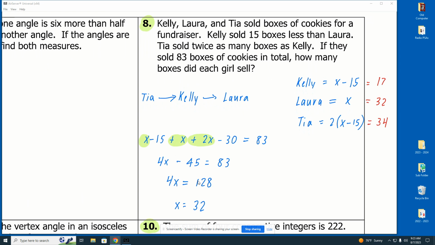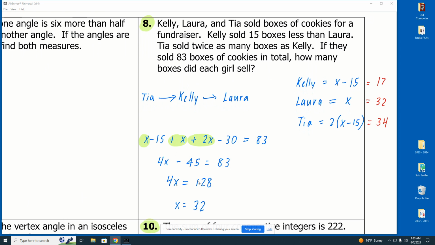Yes, sir. I made Kelly X. Okay, so you would have put Laura's equation as X plus 15? And Tia was 2X. That works too.